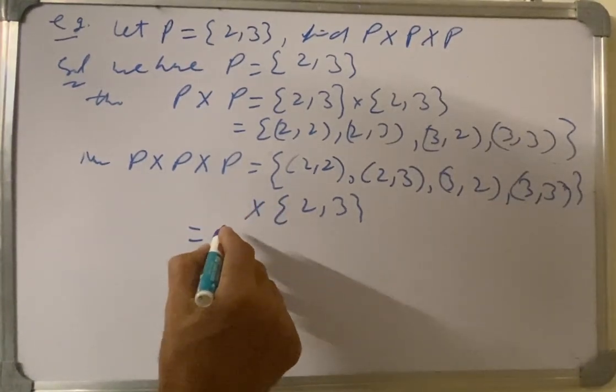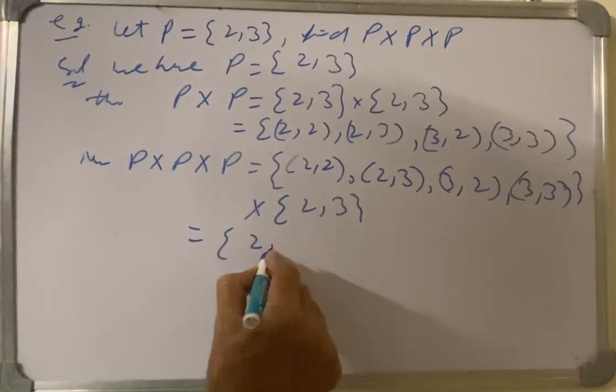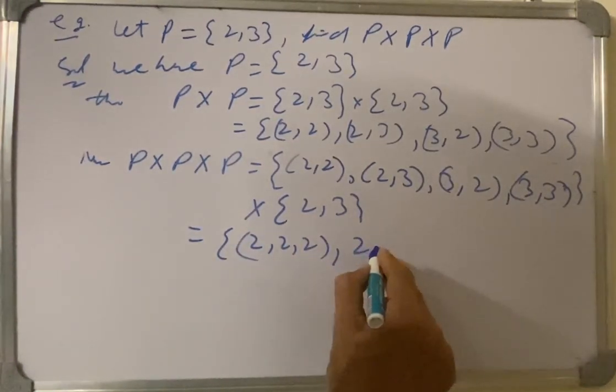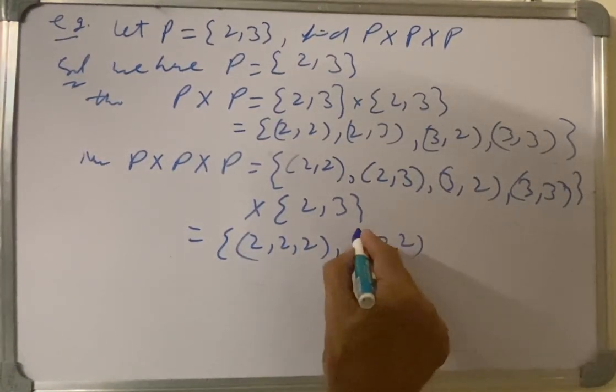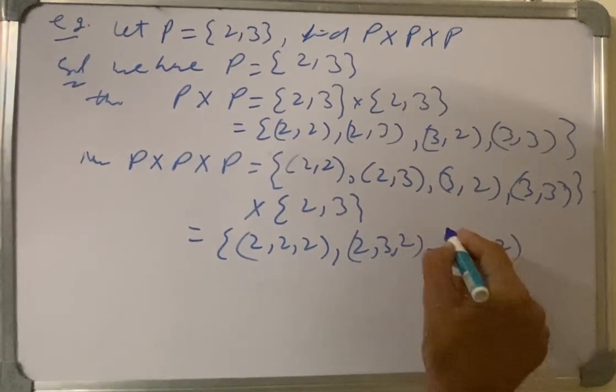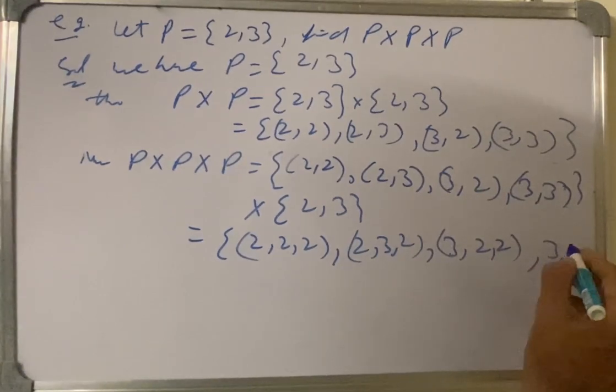So we get (2, 2, 2), (2, 3, 2), then (3, 2, 2), (3, 3, 2).